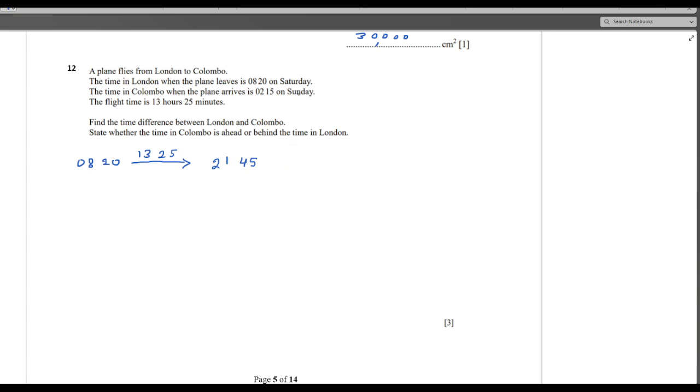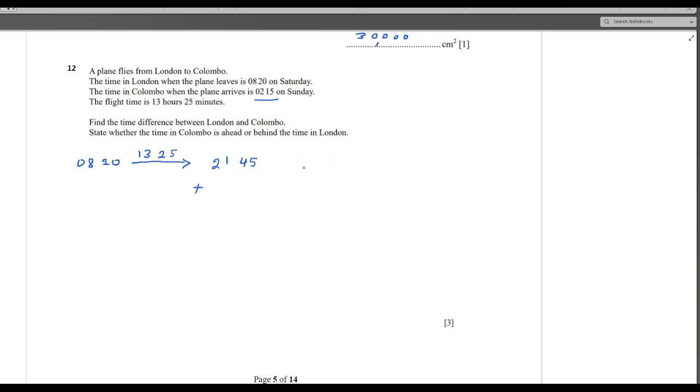Now in Colombo, you are arriving at 2:15. Okay, so in this 2:15, if I add here, say 3 hours, it will be 24:45.